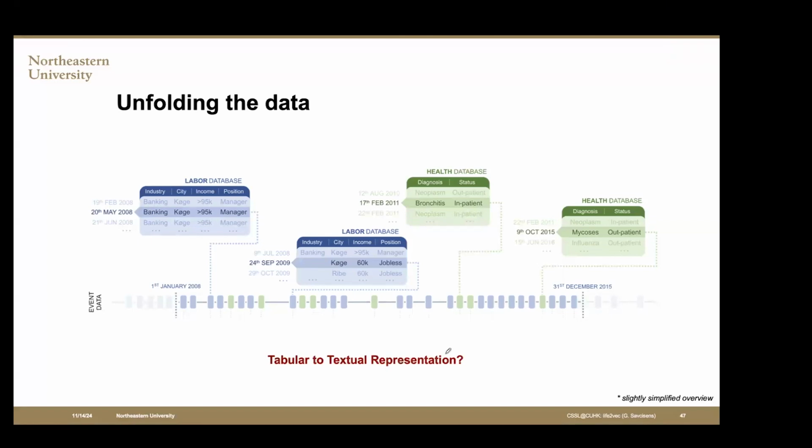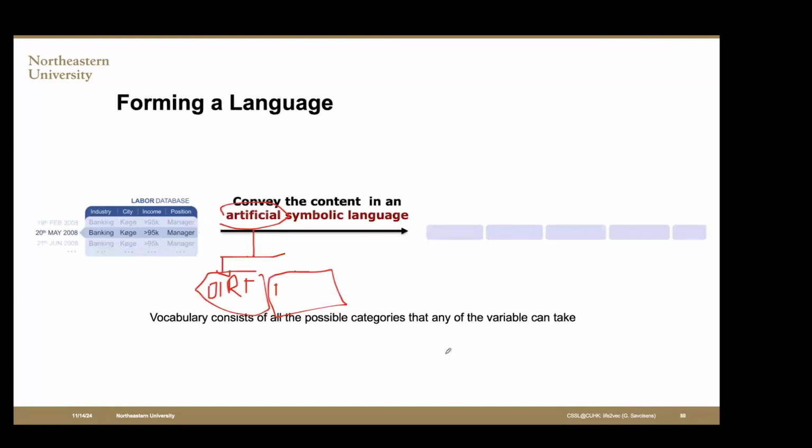Professor Liang, in your slide you have shown that your raw data is tabular data, so you transform your tabular data to textual data like a symbolic sentence.